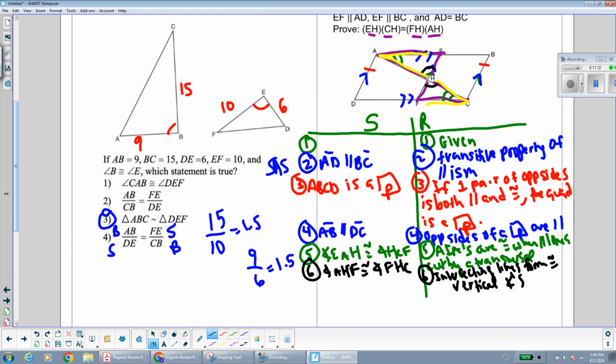And now that I have two congruent pairs of angles, I had 1A here and 1A here, now I can say that triangle AEH is similar to triangle, I should probably name it CFH. And that is due to AA. Now from here, I just need to make a proportion and then I can prove my product. So when I make my proportion, I'm going to put the segments from the proof statement in.